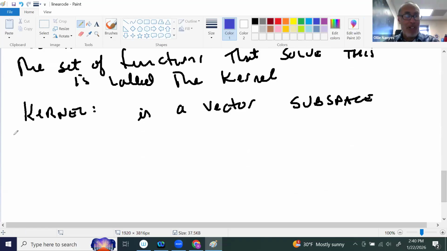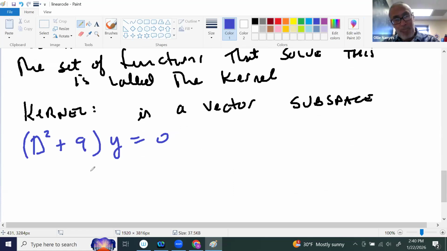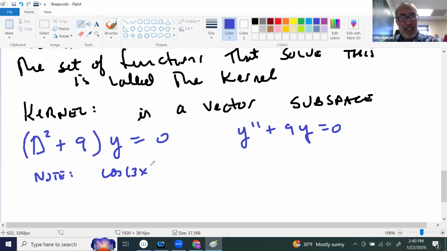So example, let's look at the operator D squared plus 9, and let's just try to solve this. Now, this corresponds to the differential equation. Now we learned in class that cosine of 3x solves this.